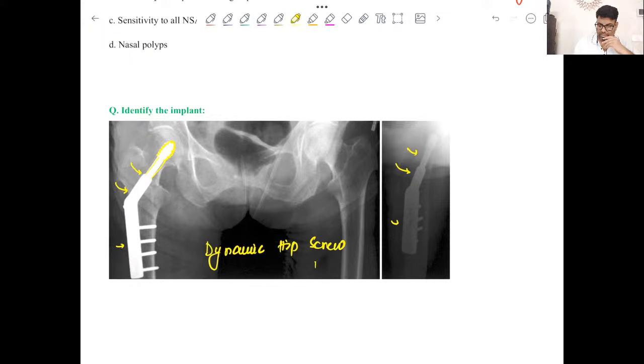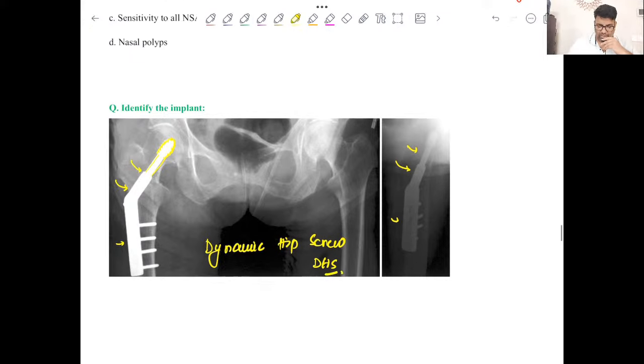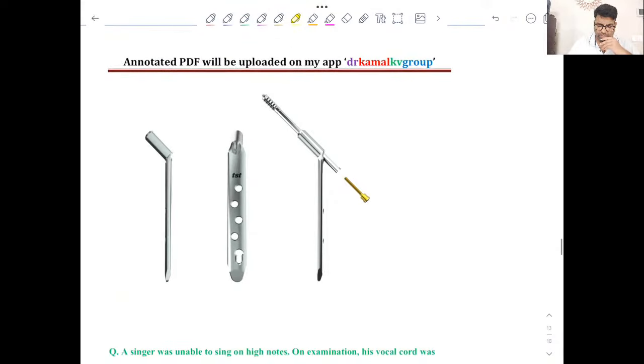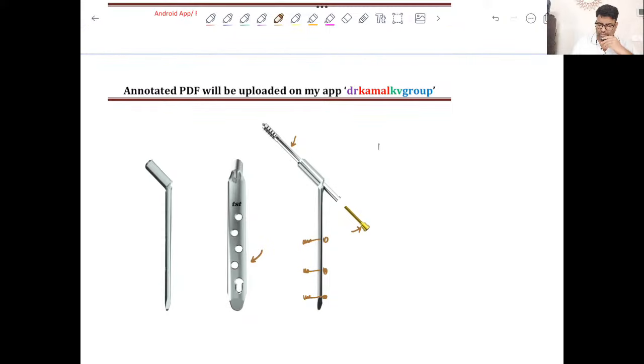This is known as DHS, and here we have 3 components. There is a plate, there is a cannulated screw, and then a locking screw. We can put the screw something like this here. So this is the dynamic hip screw, and whenever we use the word dynamic, it means there is some movement.